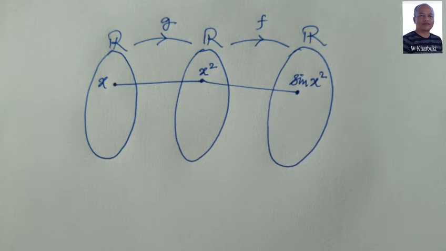So under f, we know that x will go to sine x. In this case, in the place of x, you already have x squared. So f will take x squared to sine x squared. So that is the composite of the function f and g.